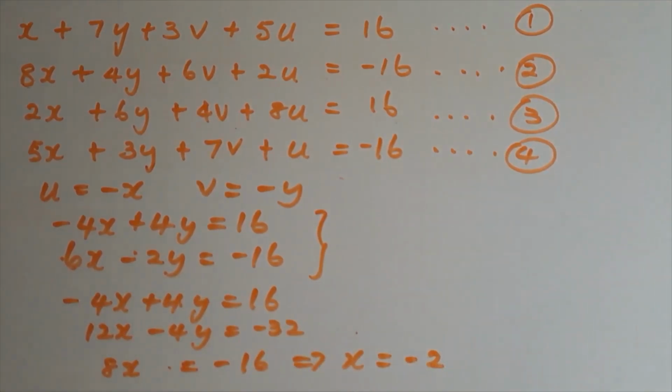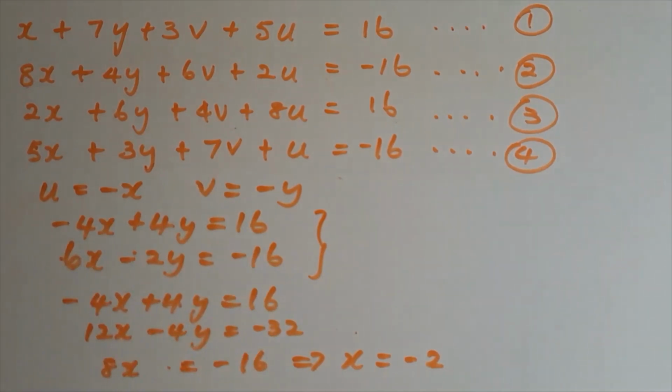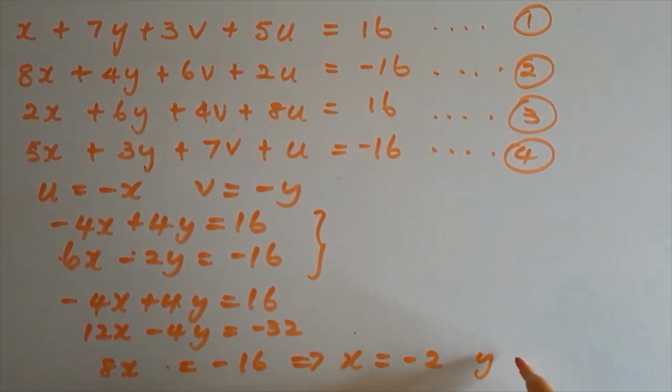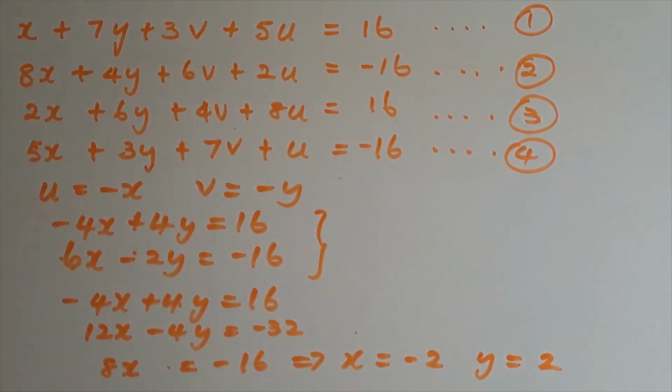And if we substitute x as negative 2 into the first equation, we have y is equal to 2. And using u is equal to minus x, we can work out what u is and also what v is.